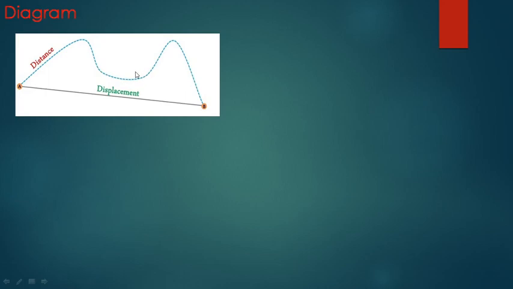It has no specified direction. But displacement has a specified direction from A to B in a straight line. Displacement has both length, which you can measure, which is the magnitude, and it also has direction from A to B. And distance has only magnitude. You can only measure the length, but you cannot tell the direction.